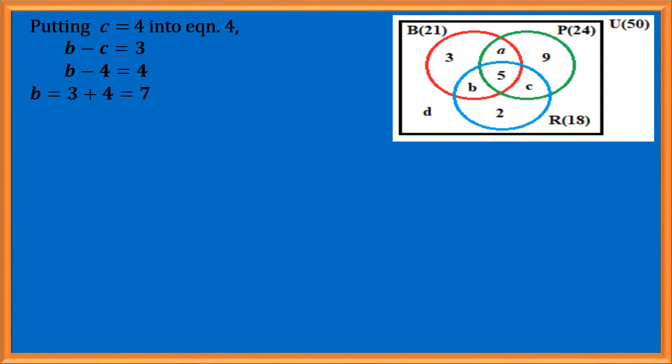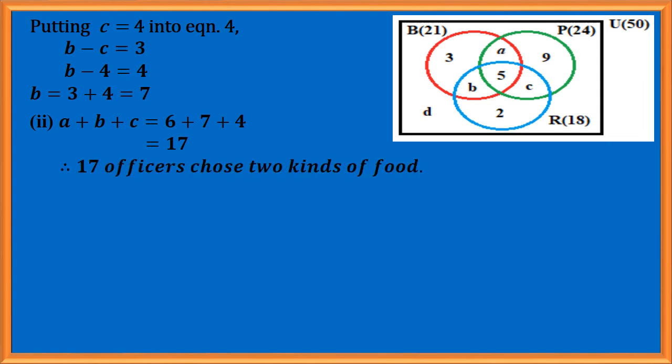We now know the value of A, B, and C. Those who chose 2 kinds of food will be equal to A plus B plus C. So that gives us 6 for A, plus 7 for B, and plus 4 for C, so that will give us 17. So we conclude by saying that 17 officers chose 2 kinds of food.